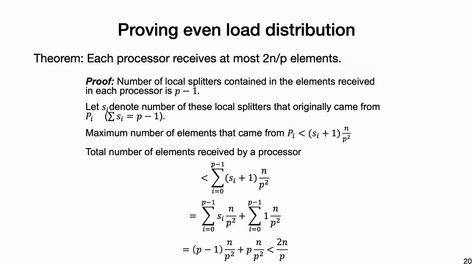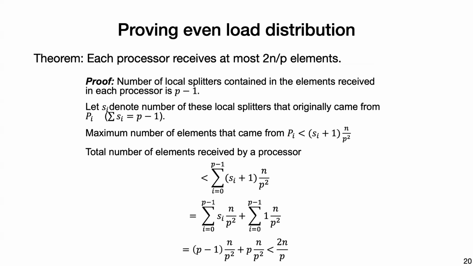And the proof is like this. So the number of local splitters in the elements received by each processor is p-1, because the way that we choose the global splitters, there are at most p-1 local splitters between each global splitter by construction. We had something like p squared local splitters, we choose p-1 of them, and so there are approximately p between each of them.